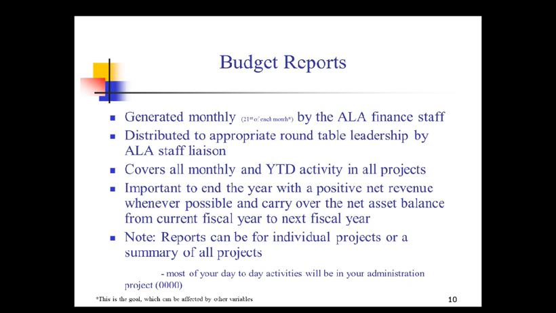For the reasons that I have outlined in previous slides, it really is the duty of Roundtable leadership to review these reports as they cover all activity in the account. Spending can be adjusted and errors might be identified through monthly analysis of the reports.